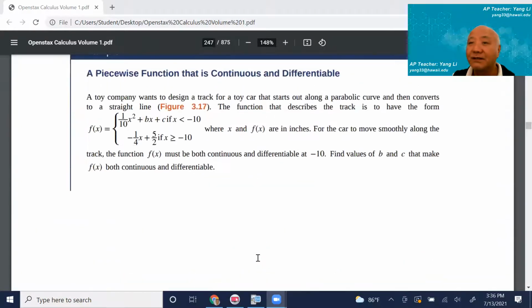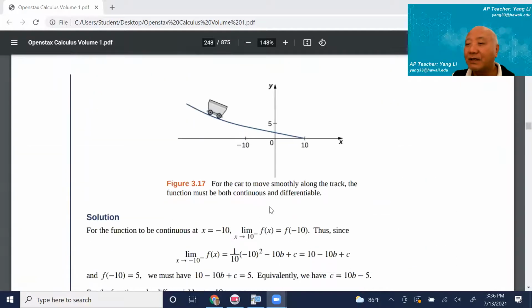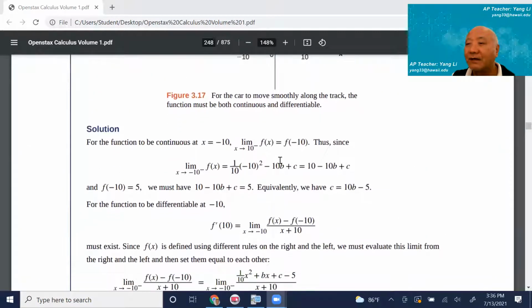Here, this is x by -10, so you will get this part here. And f(-10), just plug in -10 inside also. You will get this, right?